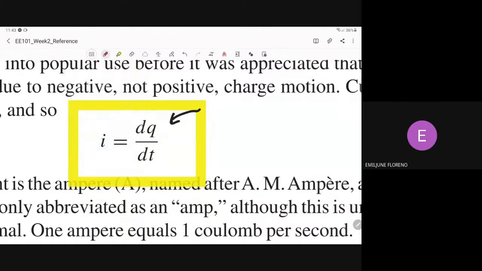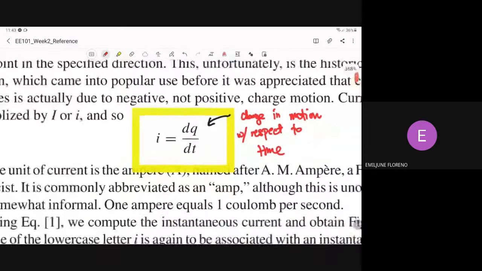Kani siya is nag-change atong charge, di ba? Charge in motion, with respect to time. So kung ato siyang i-express mathematically, ang katong concept ganina, it could then be i is equal to dq over dt.